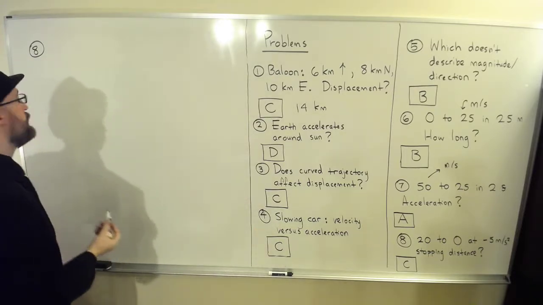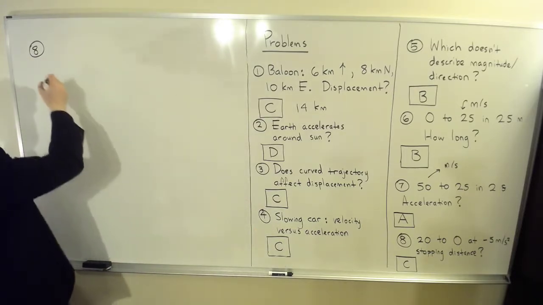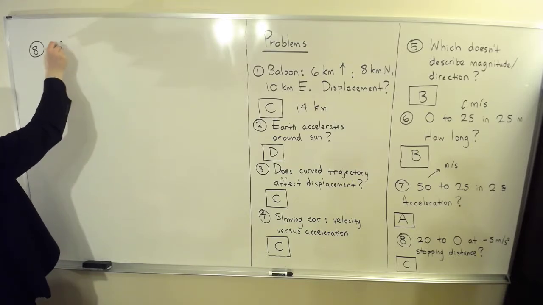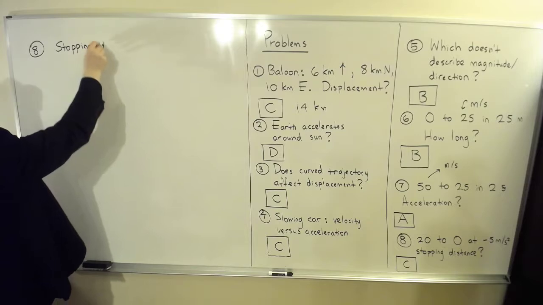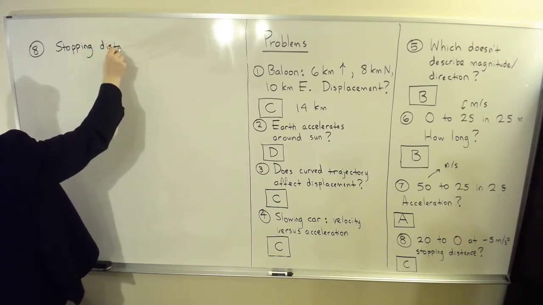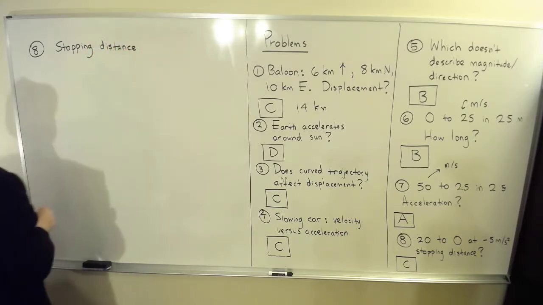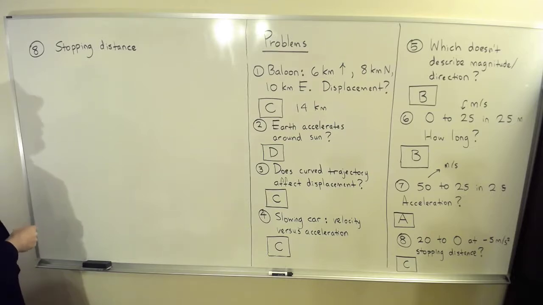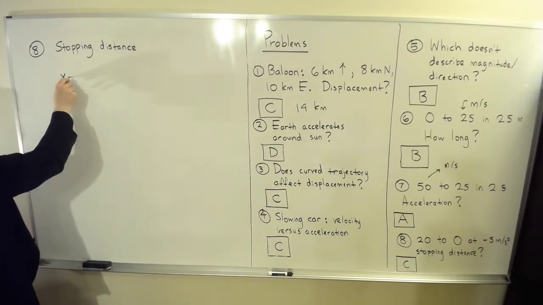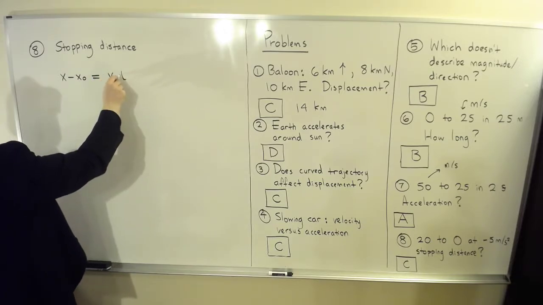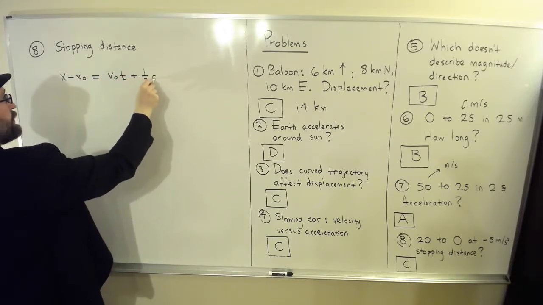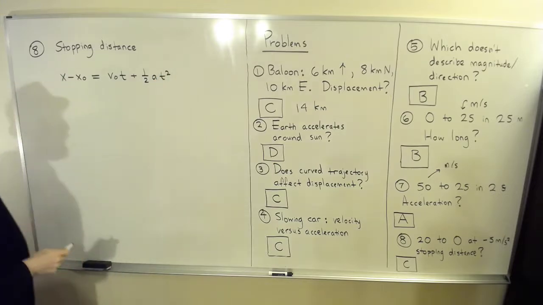What's the stopping distance? So you could start writing equations again. So that's the stopping distance. In this case, it's going to turn out to be the first equation that you want to use. Why?